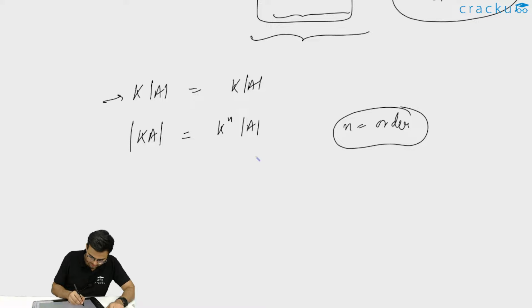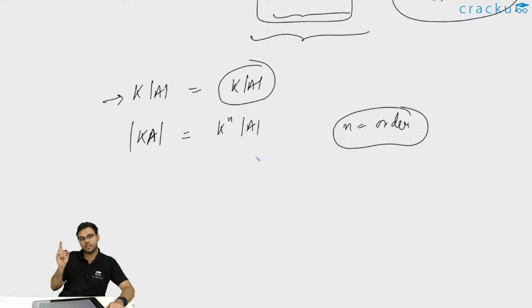This is different. In the first case, you are multiplying the determinant by some scalar constant, so there the value won't be changed. But when you are multiplying the matrix with a scalar constant, you are making it KA and then calculating the determinant of that matrix. So the determinant will be K to the power n into determinant of A.